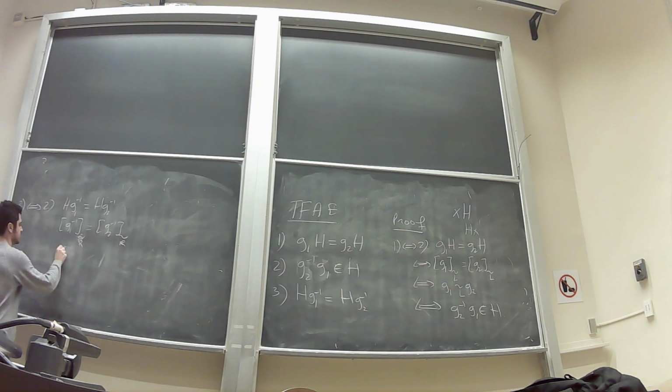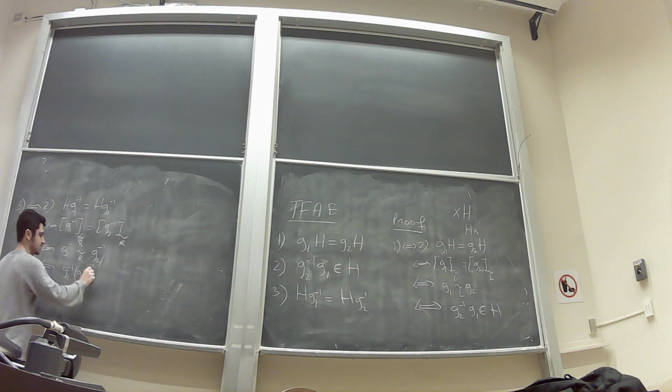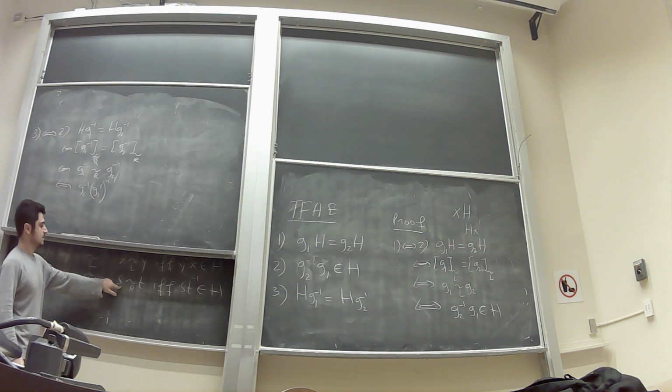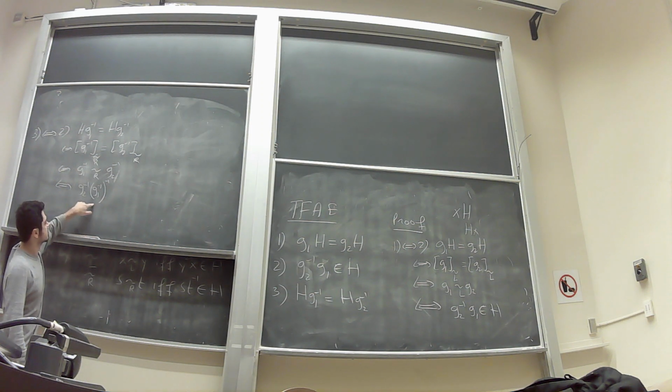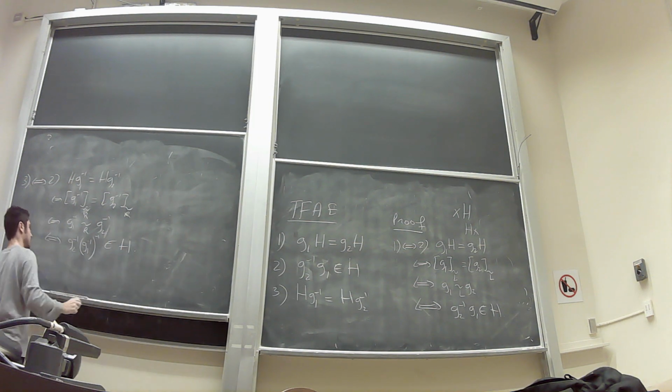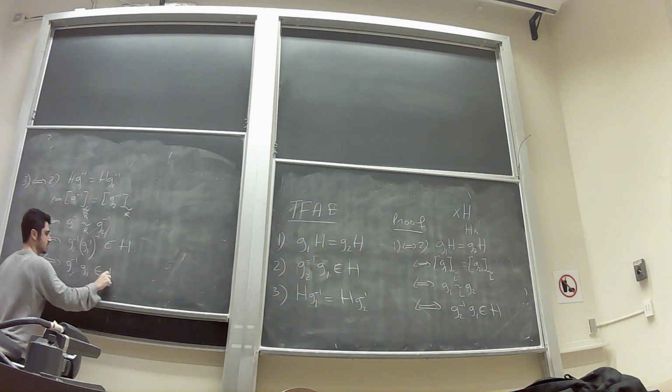This means that G1 inverse is related to G2 inverse. Now what does this mean? This means that G2 inverse G1 inverse inverse. So you take the inverse of the second one and you keep the first one fixed. So this is equivalent to G2 inverse G1.